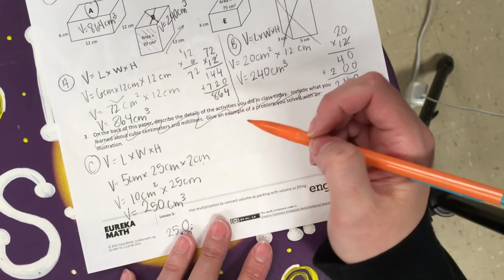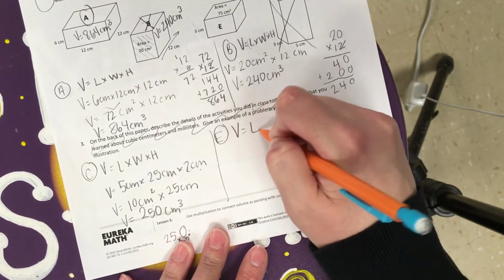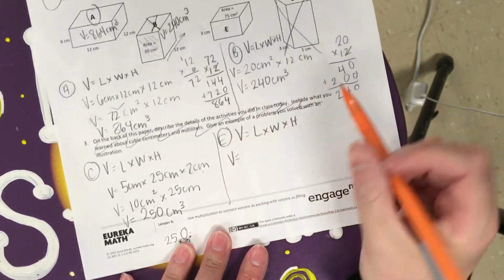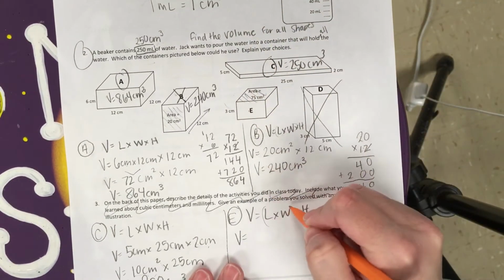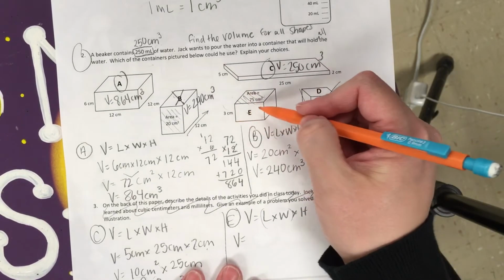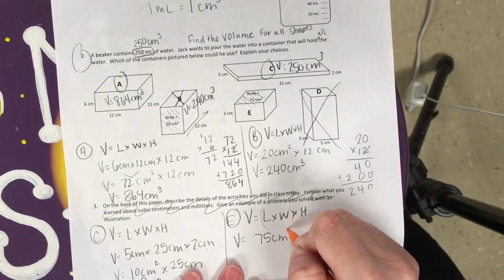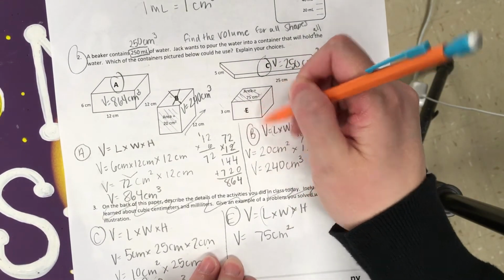And now we just have shape E left. So shape E, volume equals length times width times height. E has the area of one face calculated, so the length times width is already calculated here. The area is 75 square centimeters, because area is a square measurement.